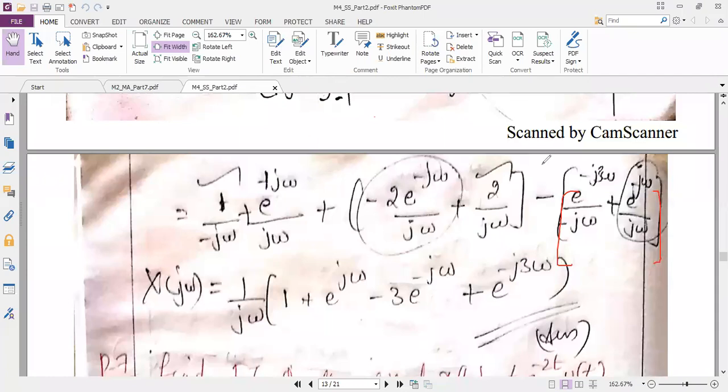So you just see whether you are getting e power minus j 3 omega the whole divided by minus j omega plus e power minus j omega the whole divided by j omega.